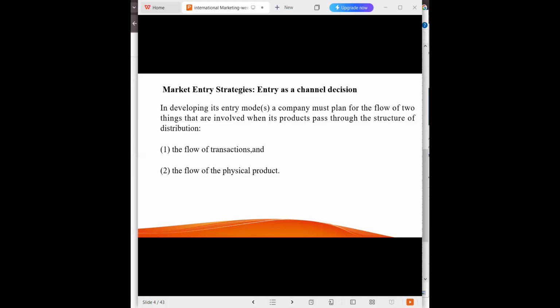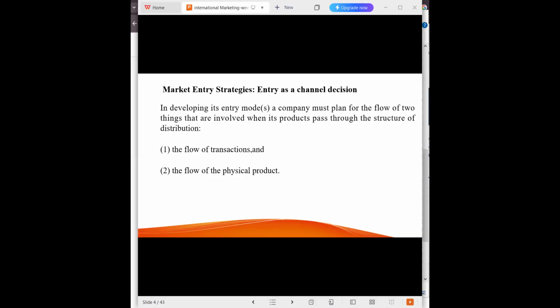So you're looking at how the product moves from the producer, from the organization, to the intermediaries and to the final consumer.